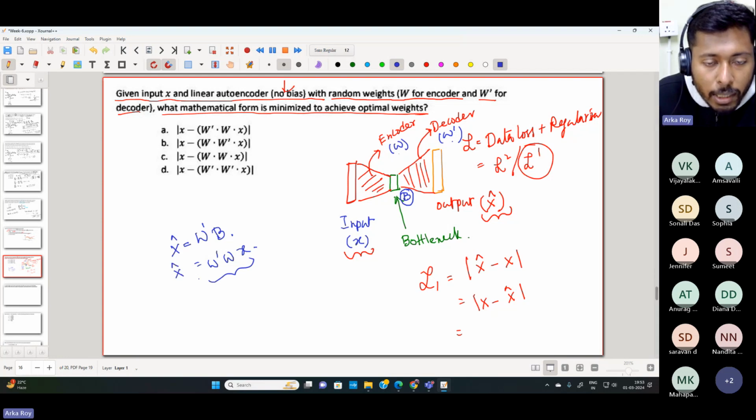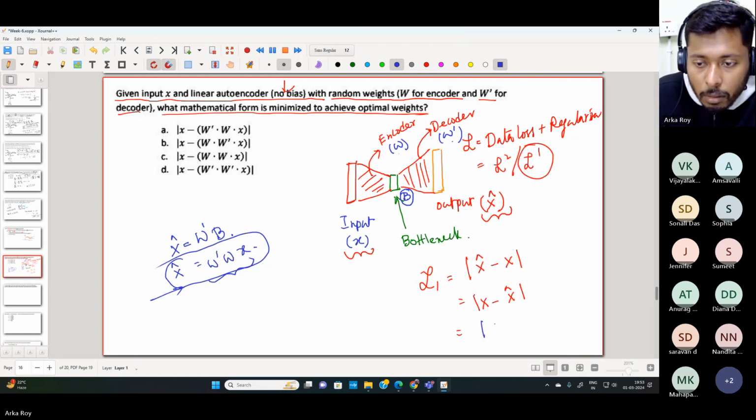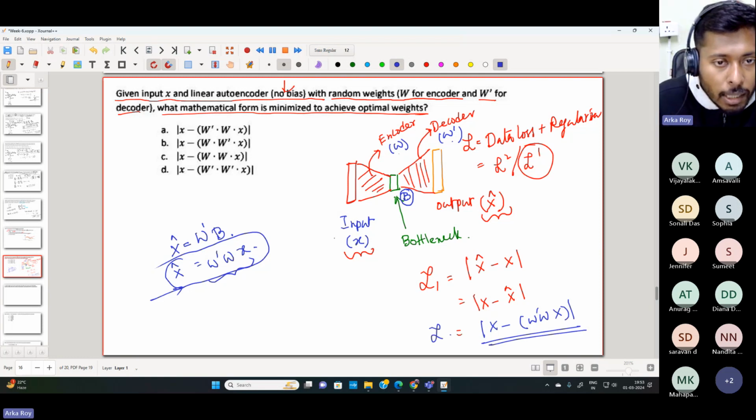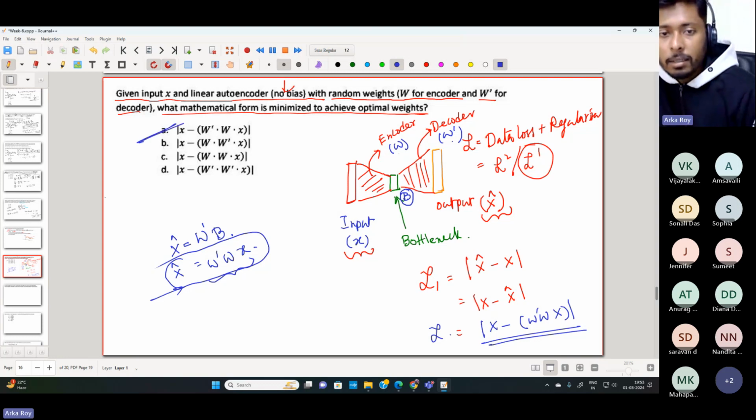So this is how you can get the final output. You can just replace this over here, W dash W into X. So this is the loss, and you can check that this is the final correct answer.